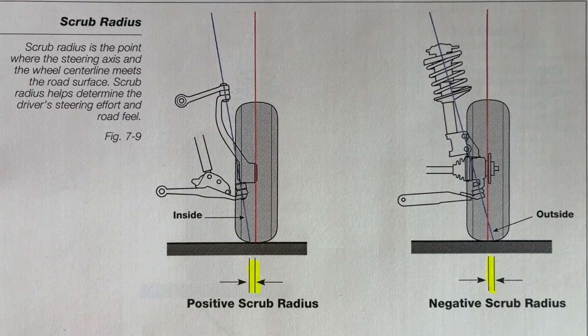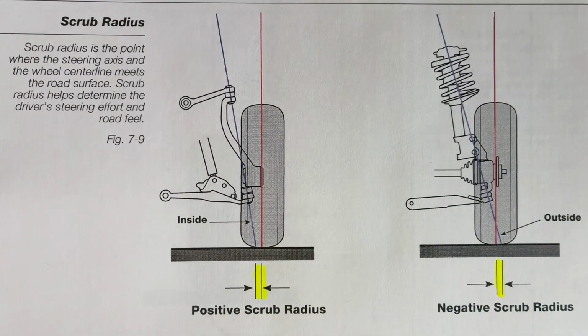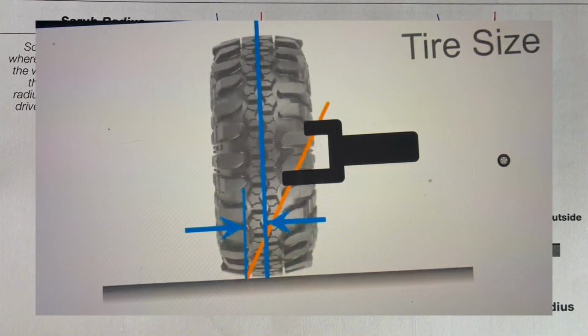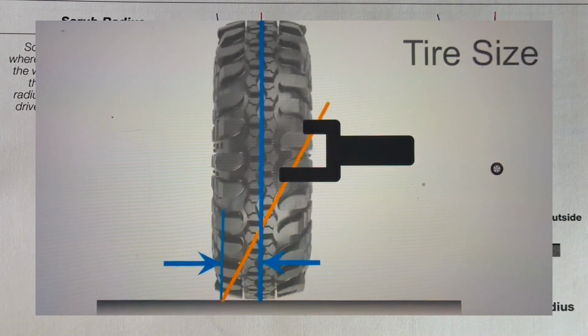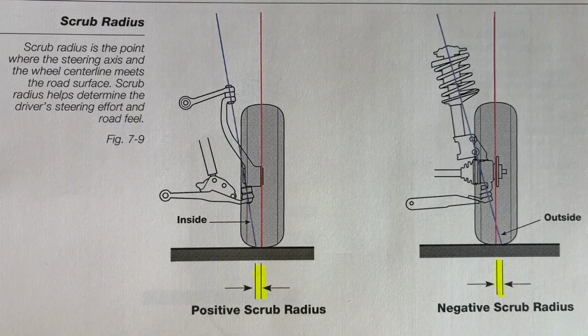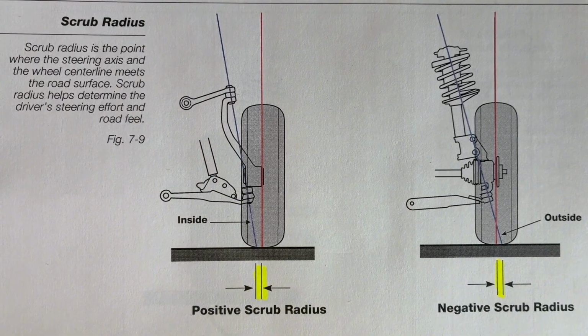Since the Tundra scrub radius is about 15 millimeters, minus 12.5 millimeters, the scrub radius is now near zero, which may make the car feel unstable in high-speed driving, and also give less steering wheel feedback. As you can see, by simply increasing the tire diameter without changing the wheel offset or adding a wheel spacer, you are changing the scrub radius.